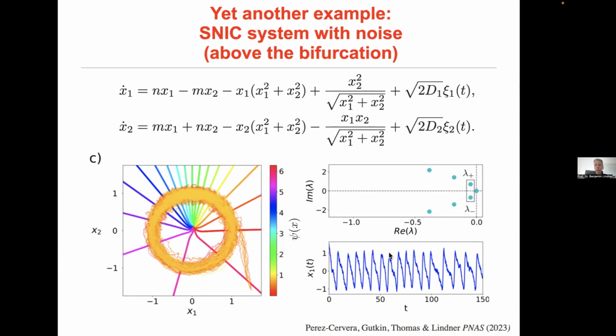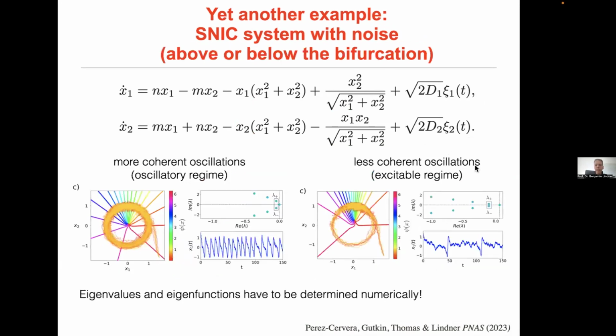So this has an interesting asymmetry also in the system, and you can here even choose in the less coherent oscillation case an excitable regime. So here we will have a stable fixed point and an unstable fixed point, and this unstable fixed point can be only overcome by the effect of noise. So these oscillations, if you want to call them oscillations, are really induced by noise in that case.